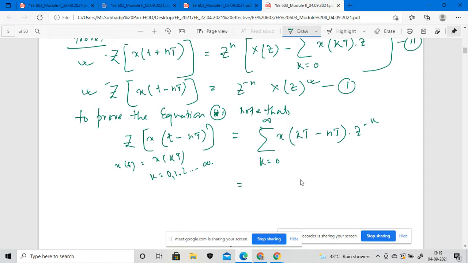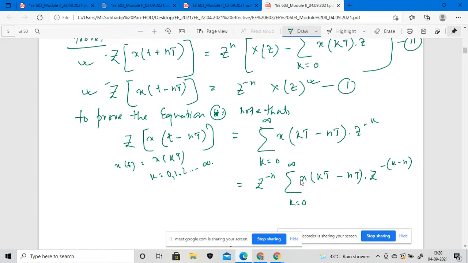Now we have to implement the delay operator for the right shifting. So we implement the delay operator: z to the power minus n, summation of k equal to 0 to infinity, x of kt minus nt, into z to the power minus of k minus n.